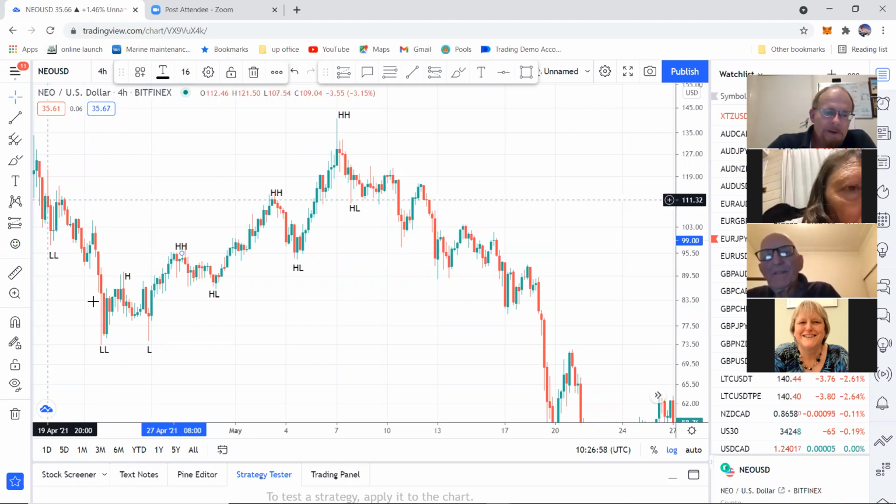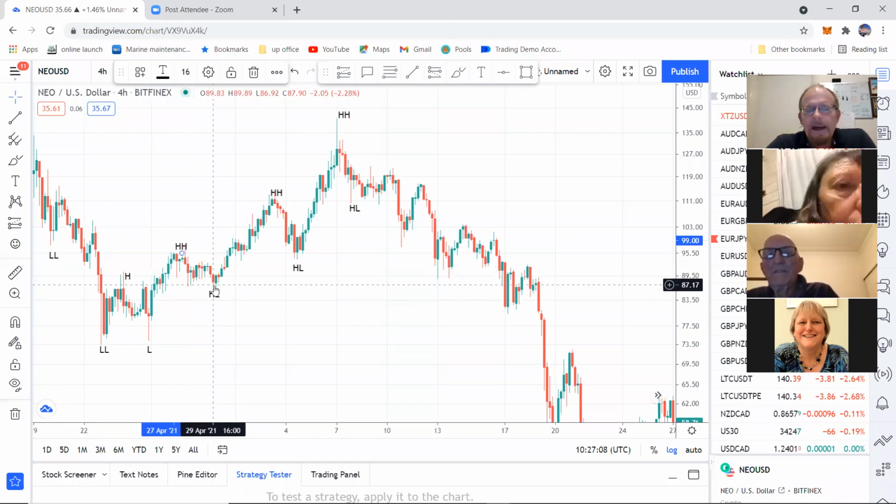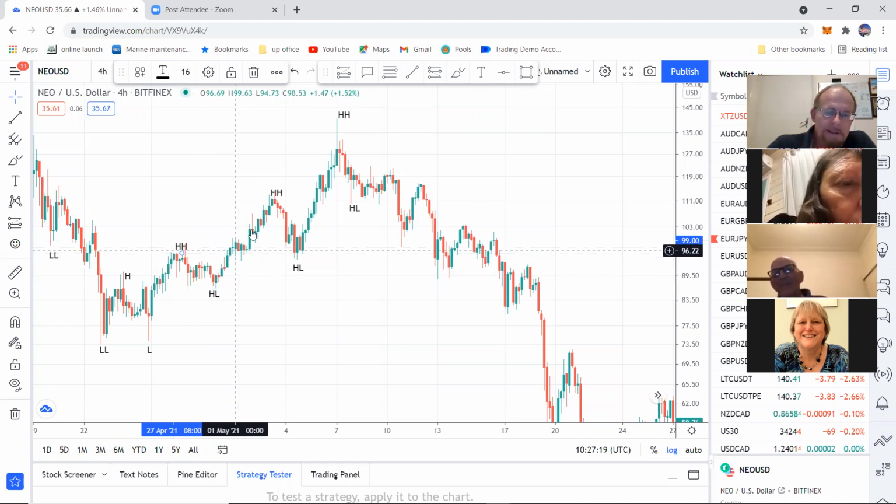It looks like my downtrend may have stopped. So I'm going to stop trading and see what happens. Then when the market did a higher high and a higher low, now that's telling me it's in an uptrend. So now I'm thinking, okay, I'm going to look for good opportunities to do long orders or buy orders so that I make profit as the market goes up.